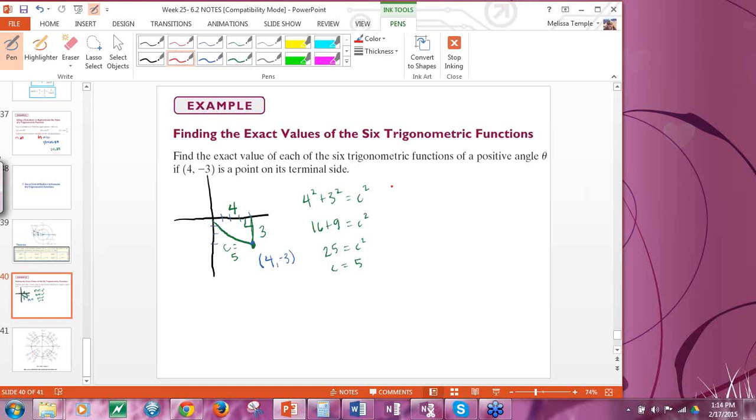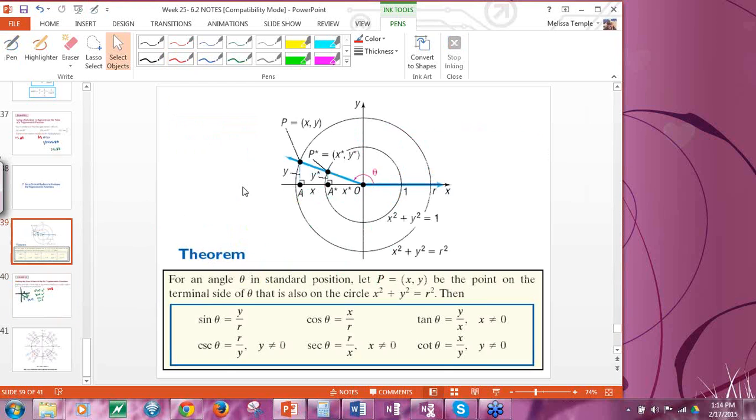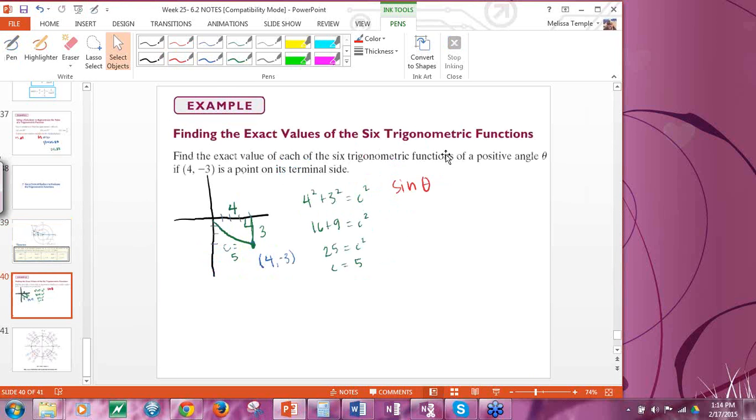So let's go back here. I want to find sine of my angle theta. And remember, sine is equal to y over r. y in this case is -3, r is 5. Cosine of theta is x over r, which would be 4 over 5.